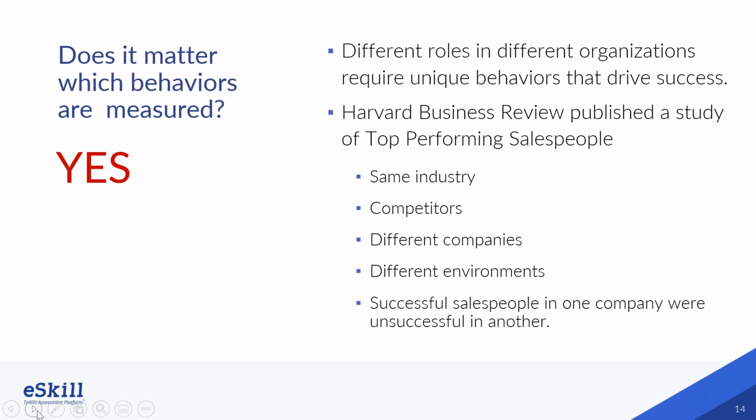Things changed. All right, managers changed, infrastructure changed, support changed, and they weren't as successful as they were in their original organization. There was very few of those top performing salespeople that were able to move from one organization, same industry, direct competitors, same kind of client, different environment for them to operate in. Okay, so behaviors were definitely a key element there.